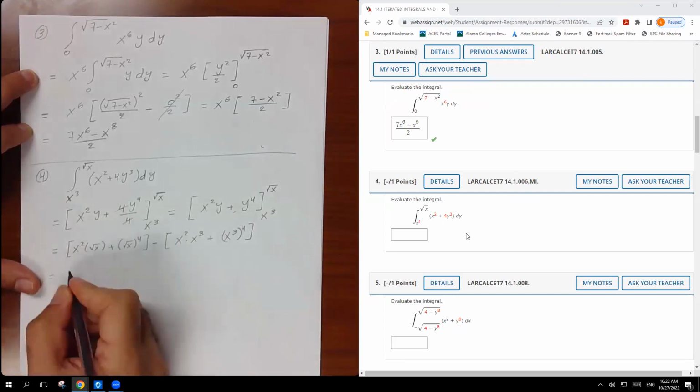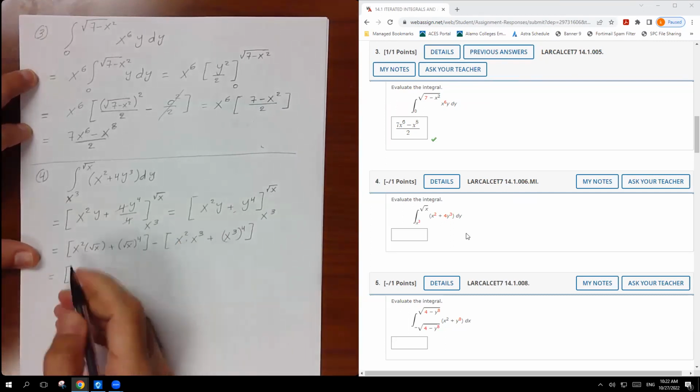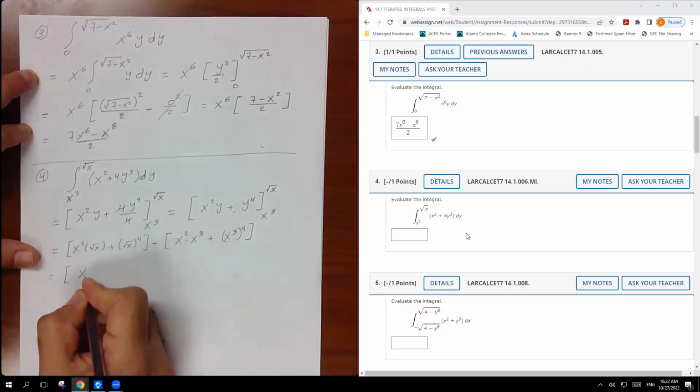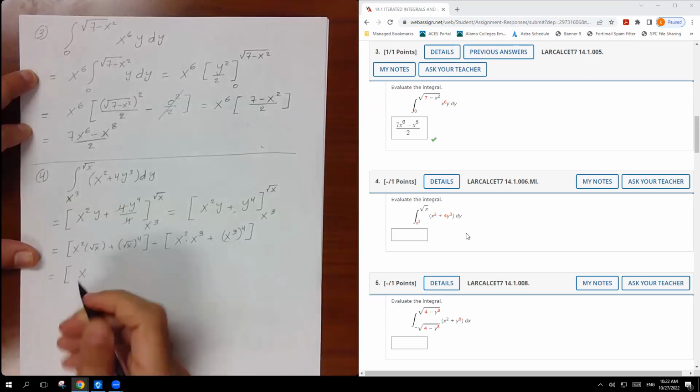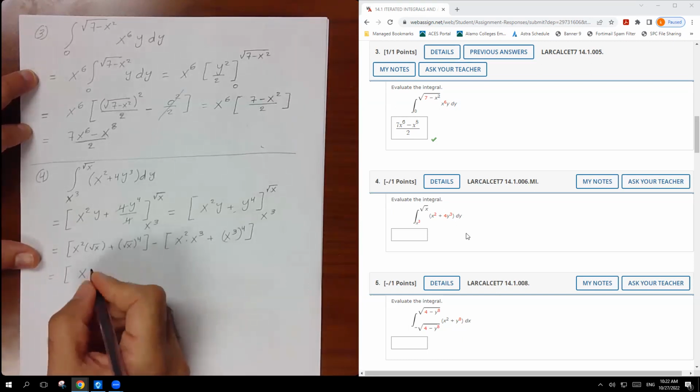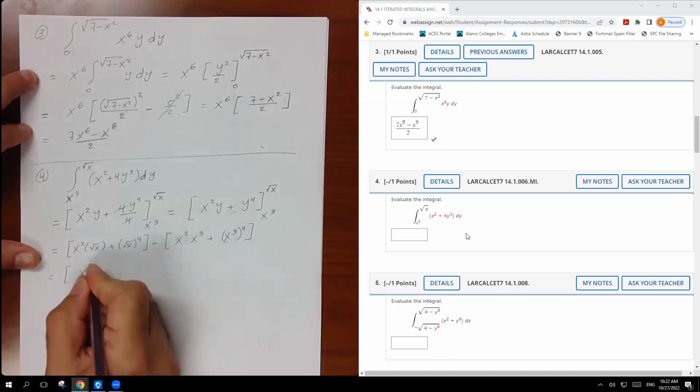So this one is x squared times x to the 1 over 2. We're going to add the exponents. 2 plus a half is going to be 5 over 2.